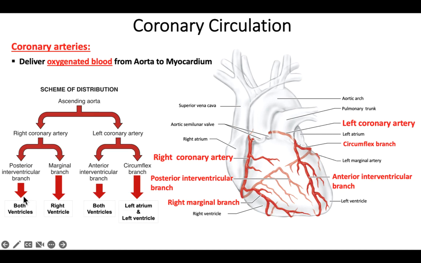One little note is that this artery here, the anterior interventricular branch, since it delivers a lot of the blood to both the left and the right ventricle, it's called the widowmaker. Because if it gets blocked, all right, so these arteries are what cause heart attacks.